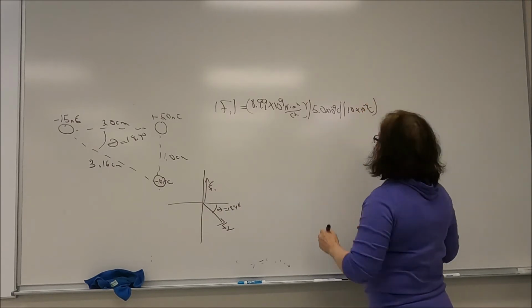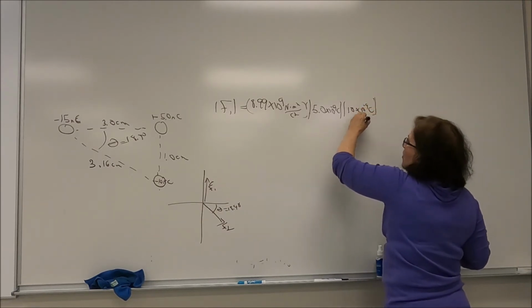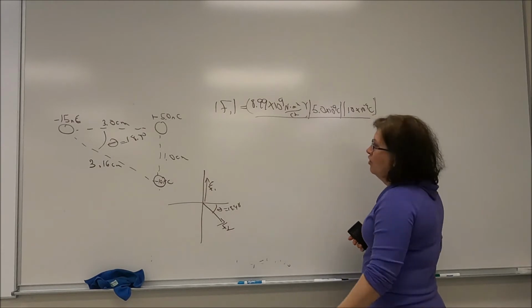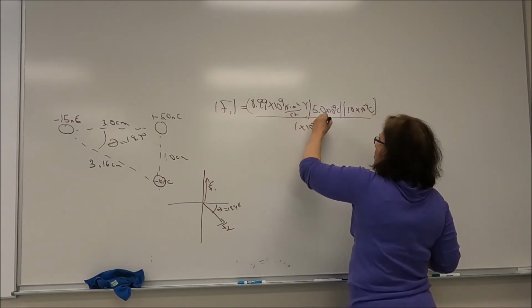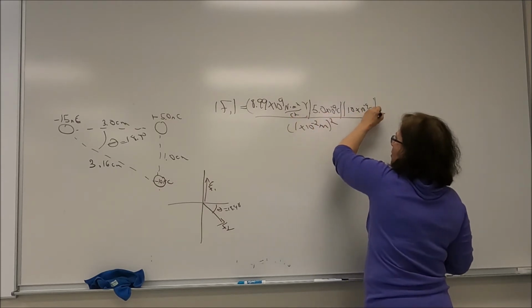I'm not using good scientific notation, I know, but you run into that a lot when you're dealing with these charges. And the separation is 1 times 10 to the minus 2 meters squared.